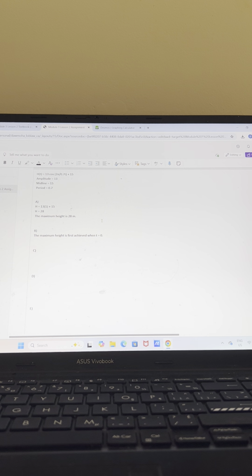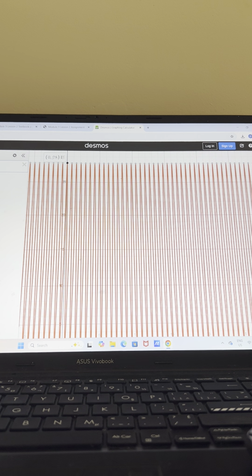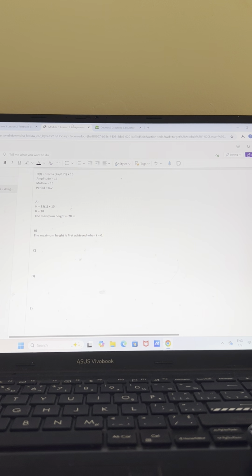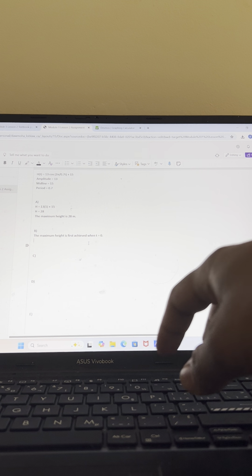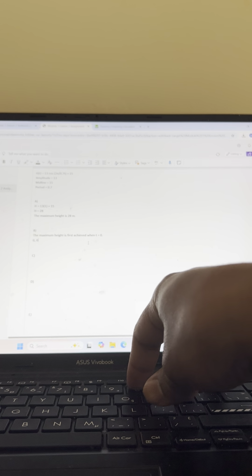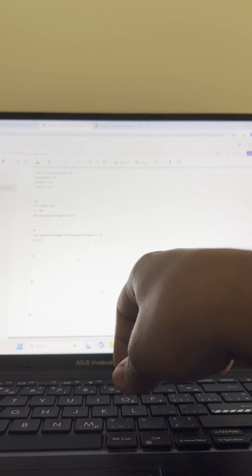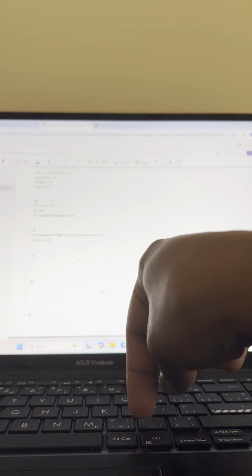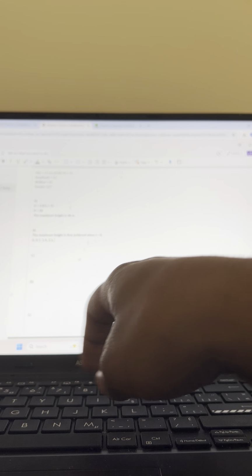Then it just keeps going on: 0, 0.7, 1.4, 2.1, and so on.